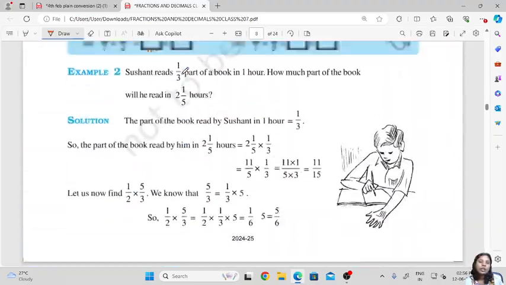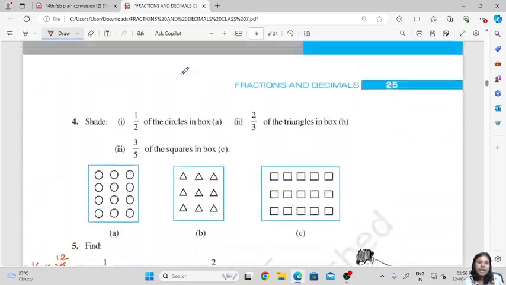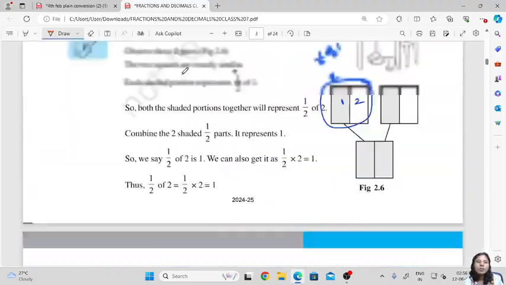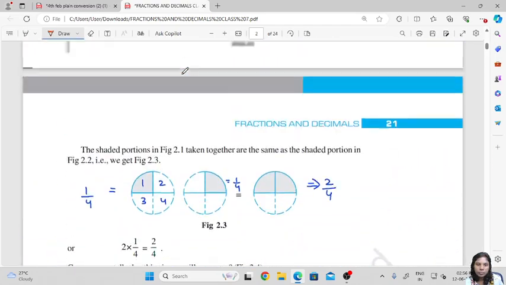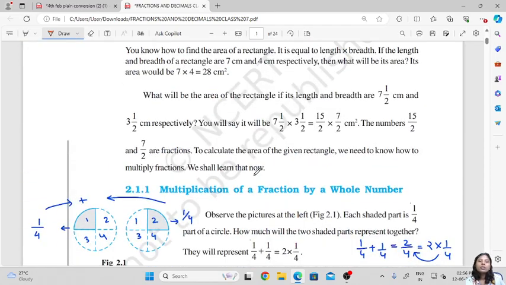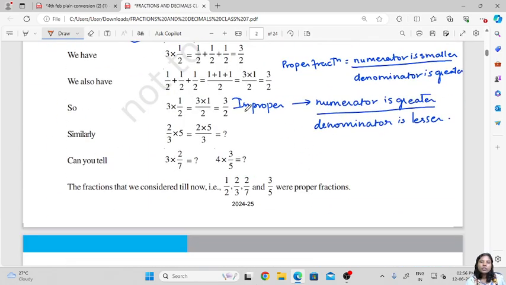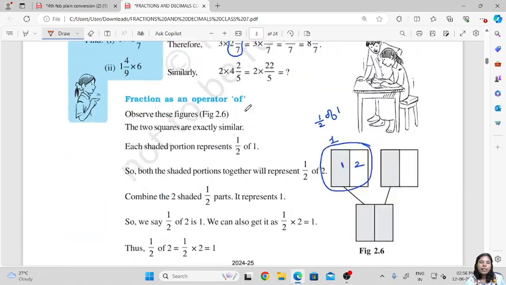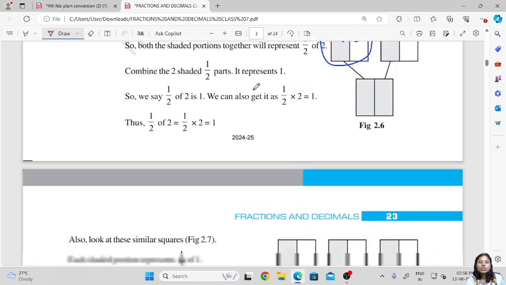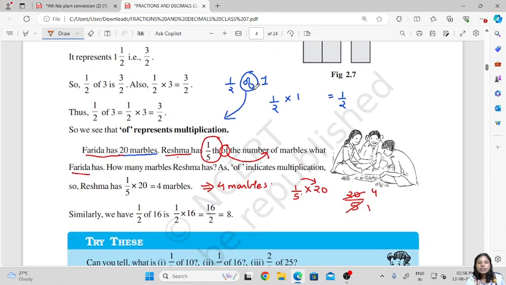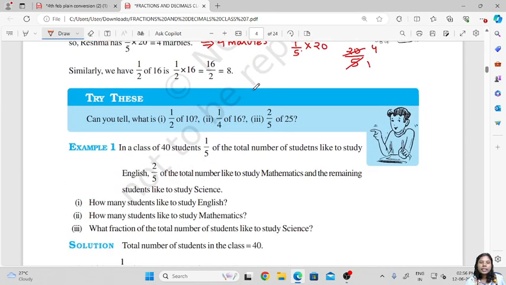So in today's video, what we learned is that first we learned how to multiply two fractions, then we learned to multiply a fraction with a whole number. Further, we saw how to use fraction as an operator of. So when there is a word of, it represents a multiplication sign.